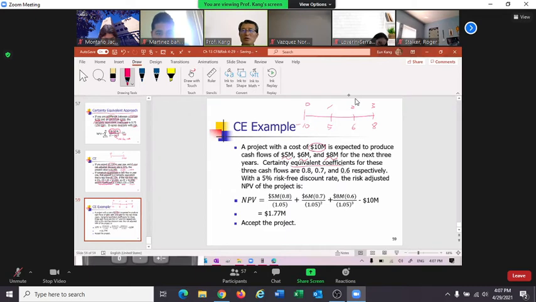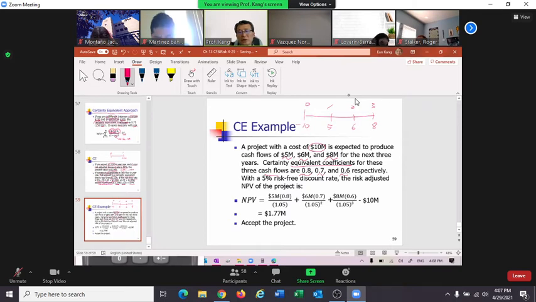Certainty equivalent coefficients for these three cash flows are 0.8, 0.7, and 0.6, respectively. That means what? As you know, this is probably normal or reasonable. As time goes, the distant future is more risky, right?